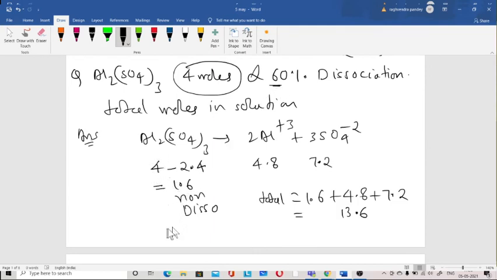If I take 100% dissociation, it will be 8 and 12. That is your 100% condition. I subtracted 8 minus 4.8 and 12 minus 7.2. This is how it works. So this is about the dissociation. Have you understood? Any query?